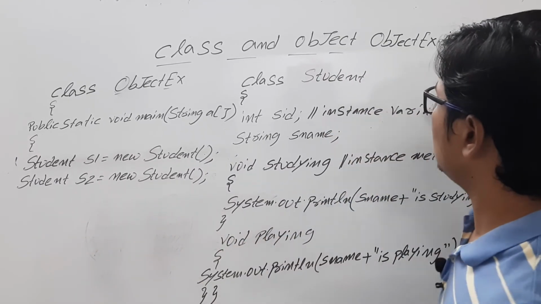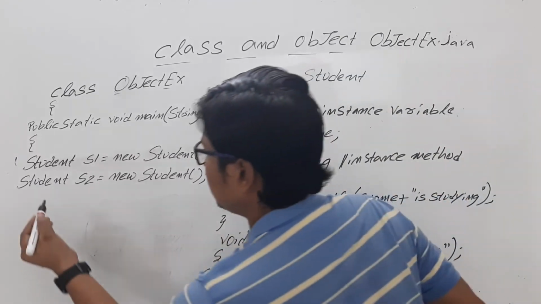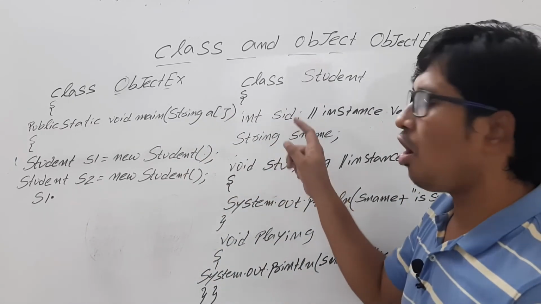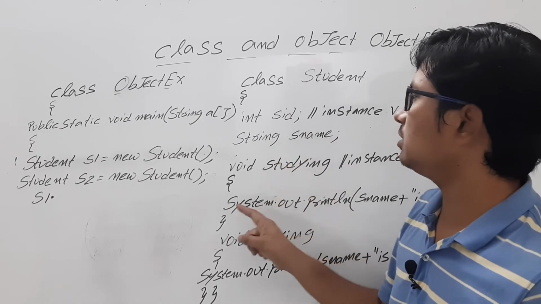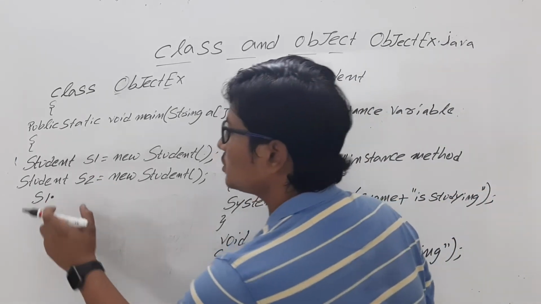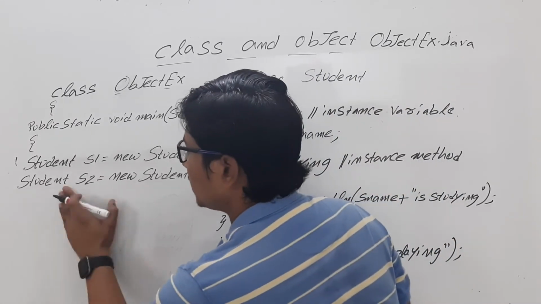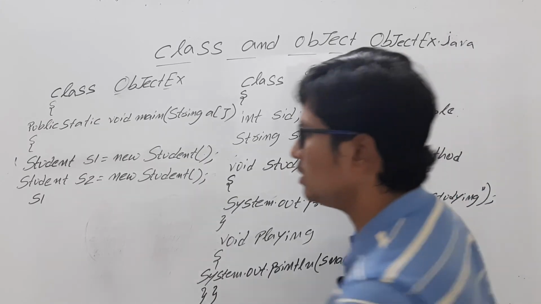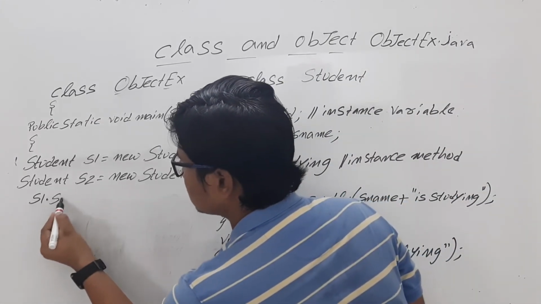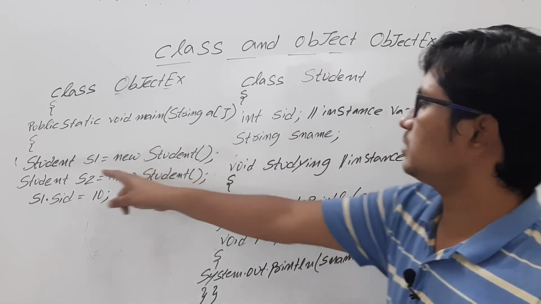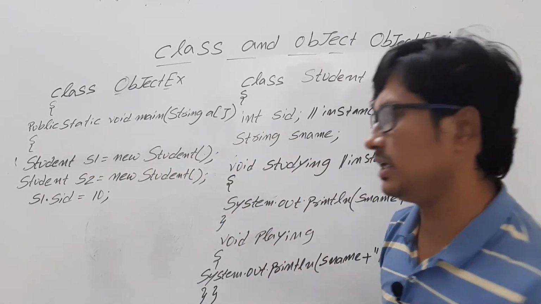Now I will write s1 dot. If you want to access the variables or methods of a particular class using the object, then you need to use the dot operator. Let me write it as lowercase s1. So s1.sid is equal to 10. For the student s1, I am giving the roll number as 10.